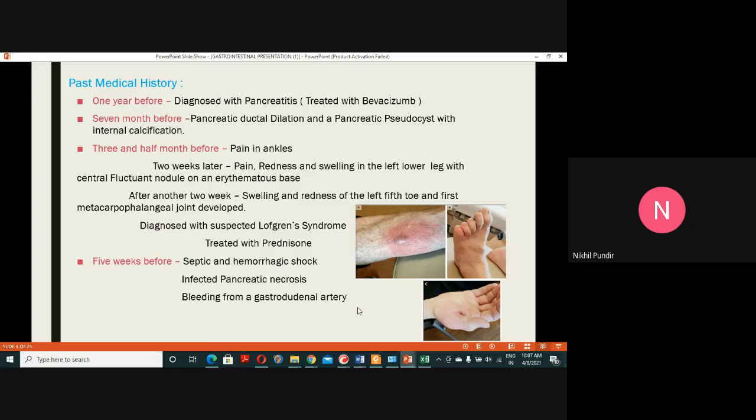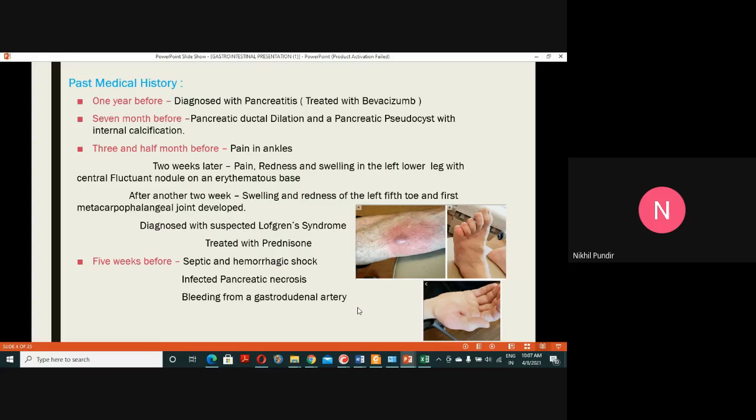Then the treatment was discontinued. 7 months before admission, another MRCP showed pancreatic ductal dilation and a pancreatic pseudocyst with internal calcification, and endoscopic ultrasonography revealed changes consistent with chronic pancreatitis and a pancreatic pseudocyst. The patient was advised to avoid alcohol and fatty foods. Then his blood lipase level returned to normal.